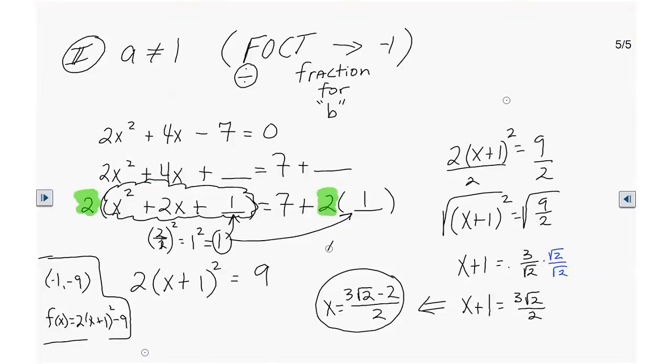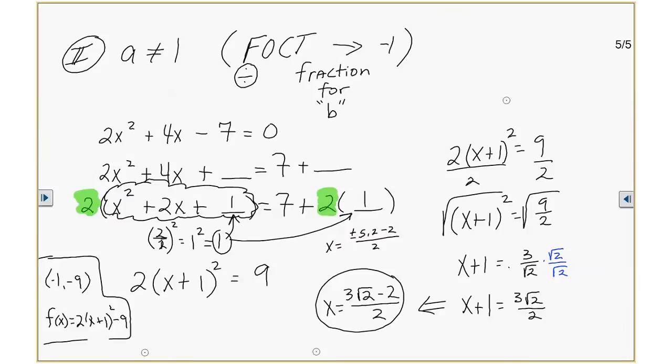So I'm going to go x is equal to positive or negative 4.2 minus 2 over 2.